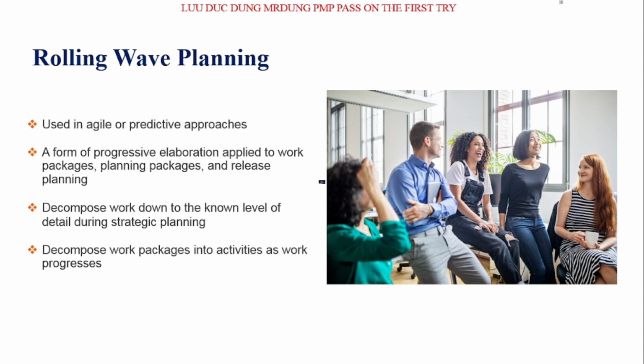We don't know how the result of the project will come out. For the R&D project, we don't know, so we do this rolling planning and agile approach.